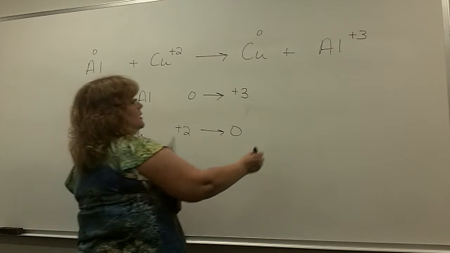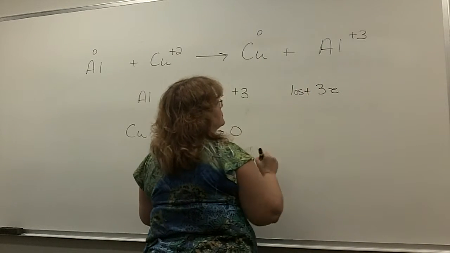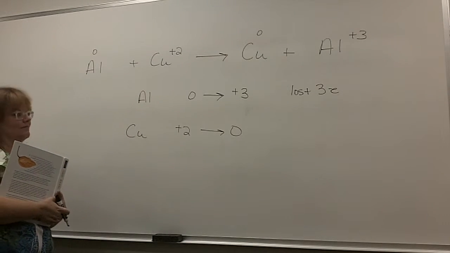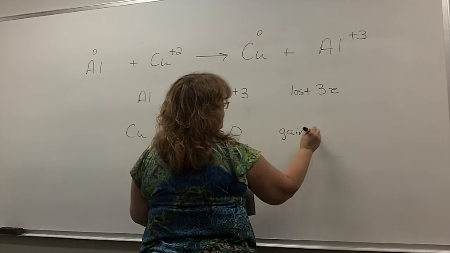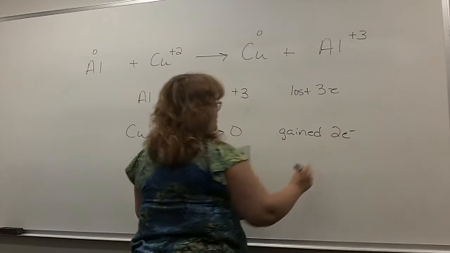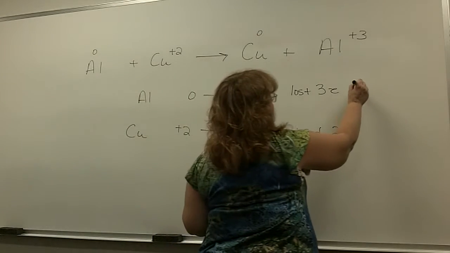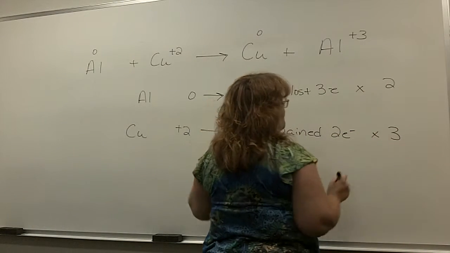It's lost 3 electrons. And what's happened with the copper? It's gained 2. So again, what would be a common denominator of the number of electrons? 6. So we're going to multiply every aluminum by 2, and every copper by 3.